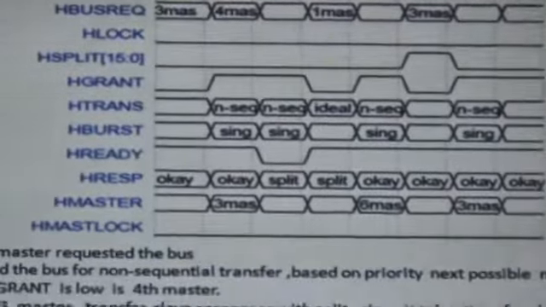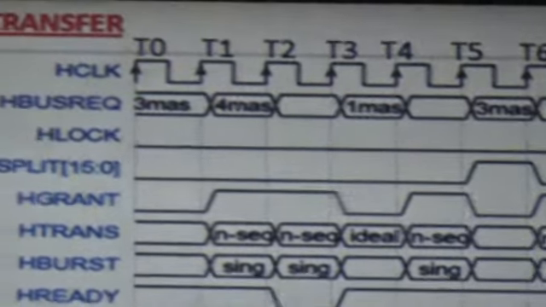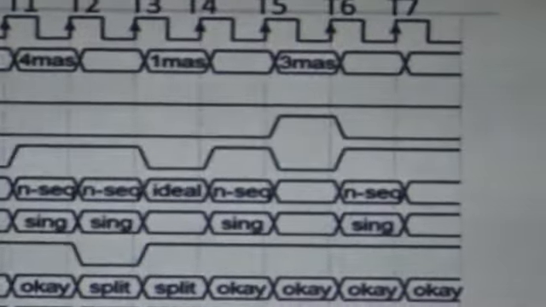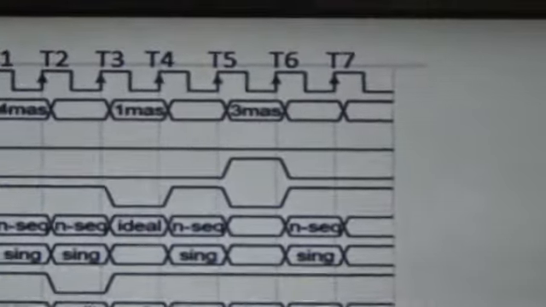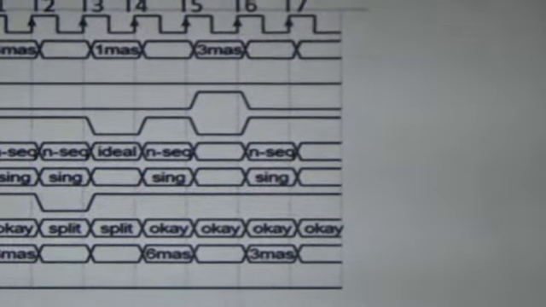If you have seen here, the split happened for the third master. So now in the fifth clock cycle, the third master is given the high priority, and it has requested the arbiter, and in the sixth clock cycle the third master is going to access the bus.